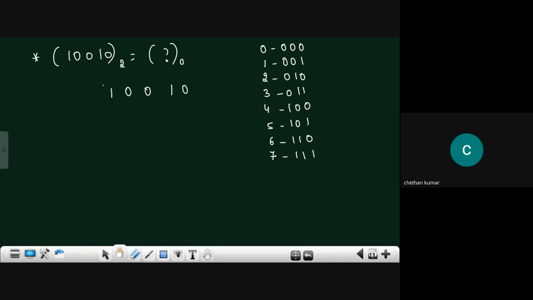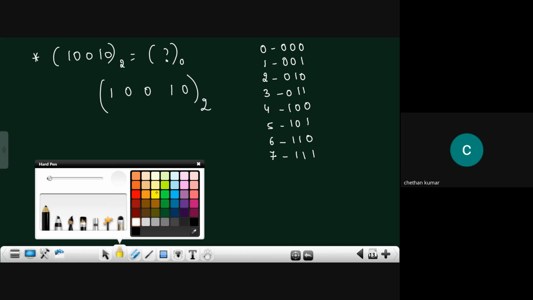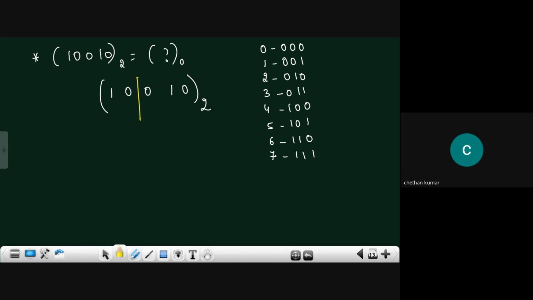So this binary number we should group with 3 digits, and the missing digit we should consider as 0. So 010 means 2. Again 010 is nothing but 2 only. The equivalent octal number is 2 to the base of 8.